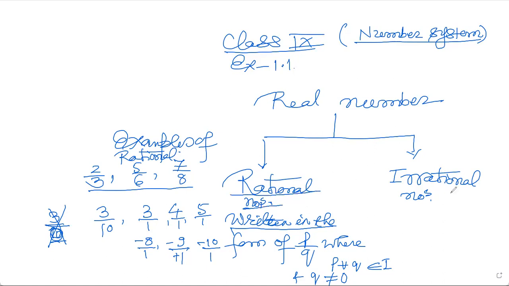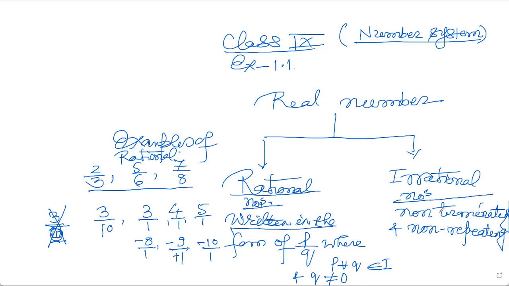And another set of number is irrational number. Irrational numbers are non-terminating. And what is terminating? When you divide a number with another number, the remainder should be 0. That is called terminating. But this is non-terminating and non-repeating. Neither will it terminate nor will it repeat.